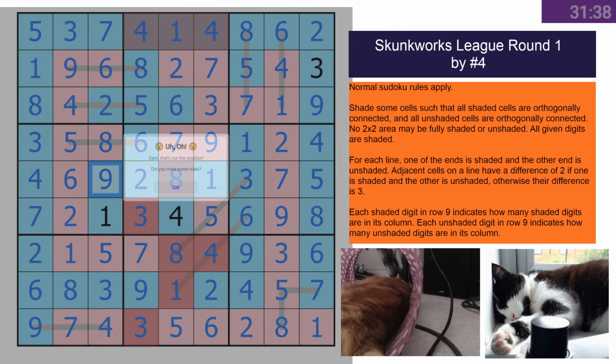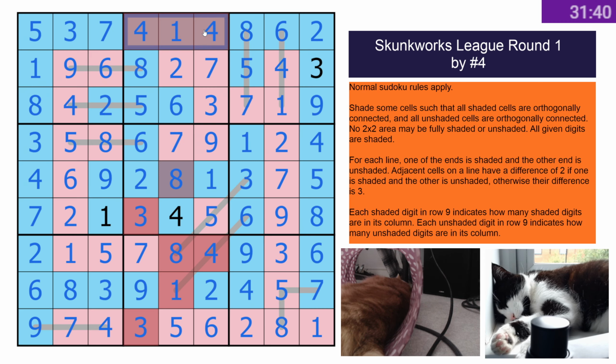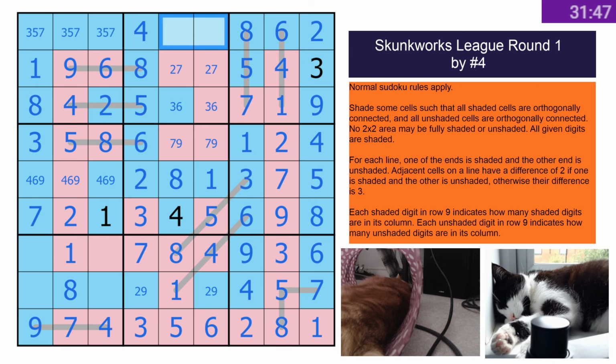Oh no. Wow, that's definitely not looking right. Was that just a misclick? Hopefully. Oh no, how far back was that? Oh, what you done, man? Something's gone very wrong here.